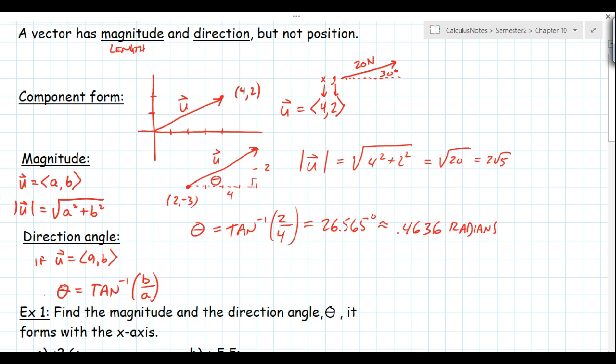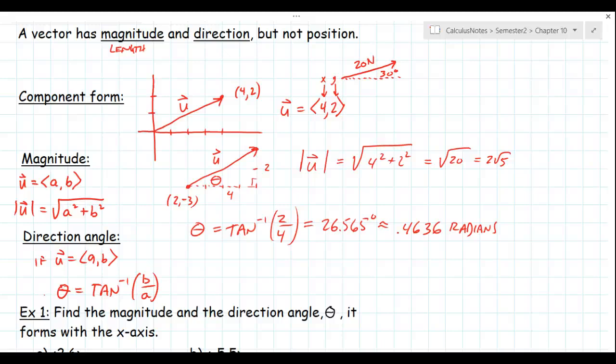Now that's if the vector's in quadrant 1 or 4. Remember, the inverse tangent function will only give you answers between negative 90 degrees and positive 90 degrees. So if we know that our vector is pointing into quadrant 2 or 3, what do we do?